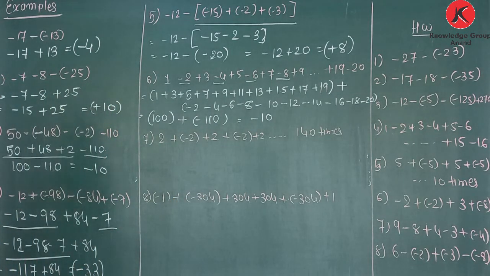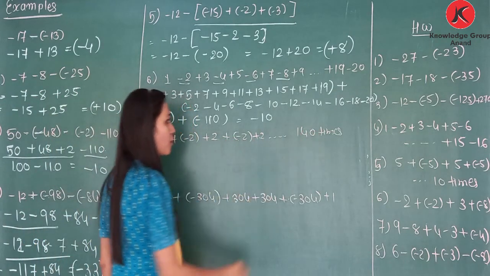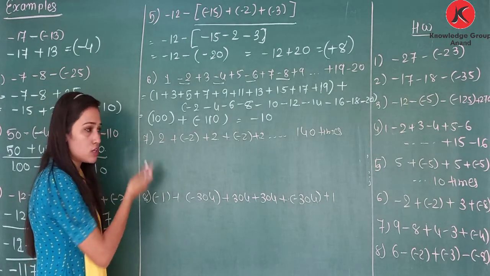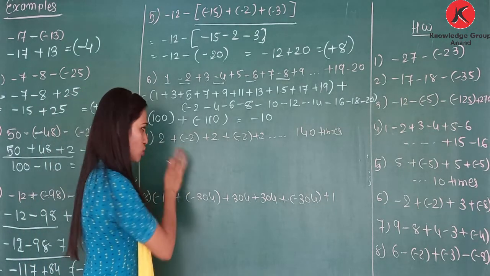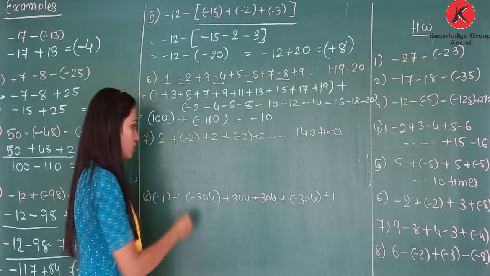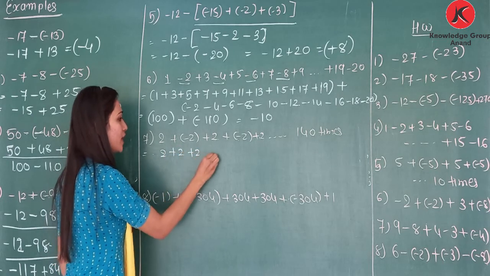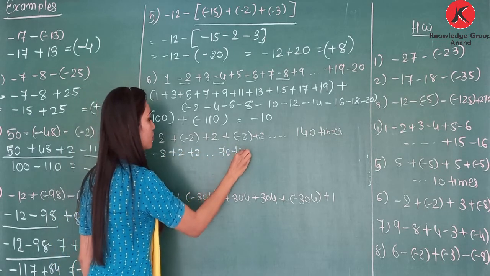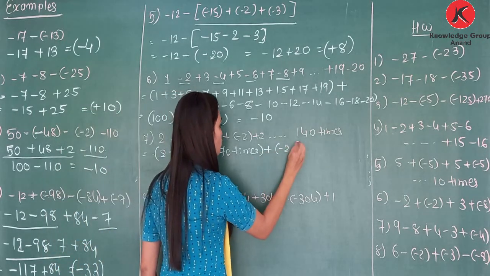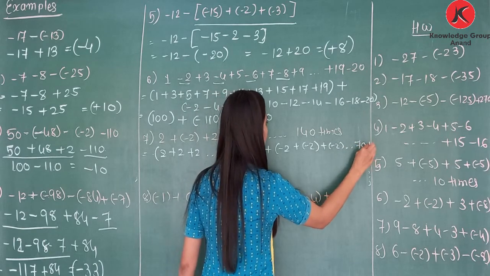Now next one, 2 plus minus 2 plus 2 plus minus 2 plus 2, up to 140 terms. It means half the numbers are positive, half the numbers are negative. Here we can write plus 2 plus 2 plus 2, that is 70 times, and the remaining 70 numbers are negative: minus 2 plus minus 2 plus minus 2, 70 times.